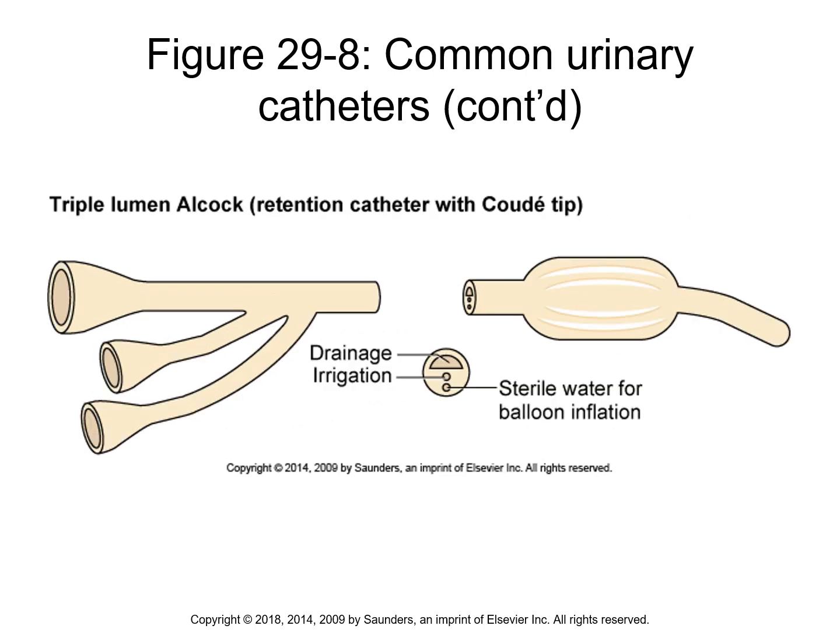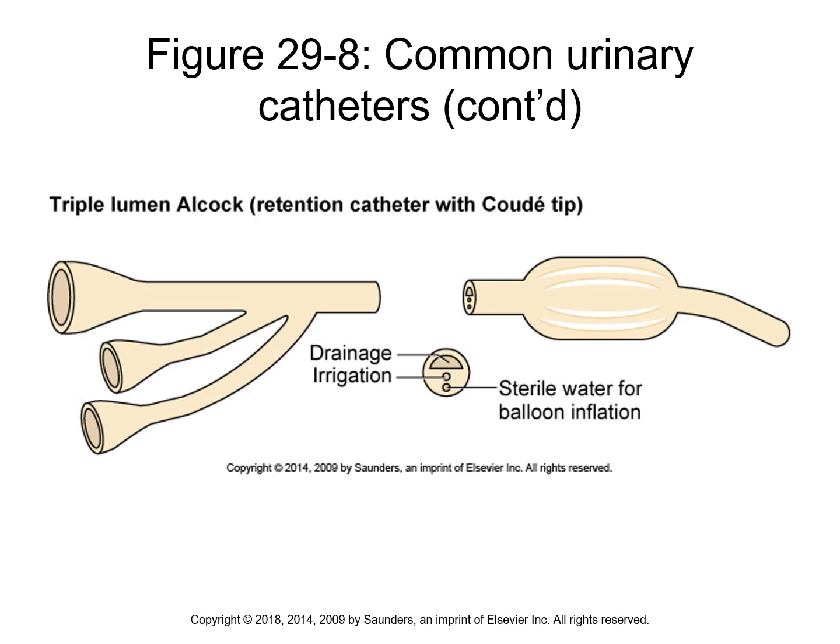So there are some times that we will have a triple lumen catheter. These catheters are set up so that we can put the catheter in. We'll have water to inflate a balloon, a port so we can inflate the balloon. Then we're going to have a port that we can irrigate the catheter. The whole point is this is a sterile system.